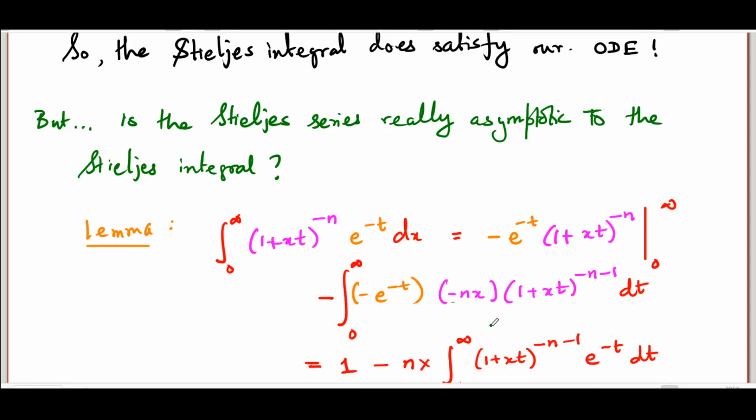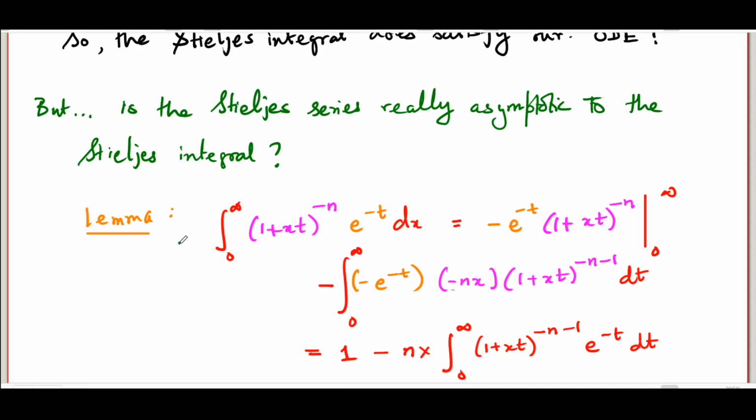And collecting these terms together, you end up with this very simple lemma that this integral is actually 1 that comes out from this term. The upper limit gives you 0, the lower limit actually gives you minus 1, but you are subtracting the lower limit, so there is plus 1. The 3 minuses here give you an overall minus nx, the constant comes out, 0 to infinity. Same kind of integral except that minus n has been replaced by minus n minus 1.